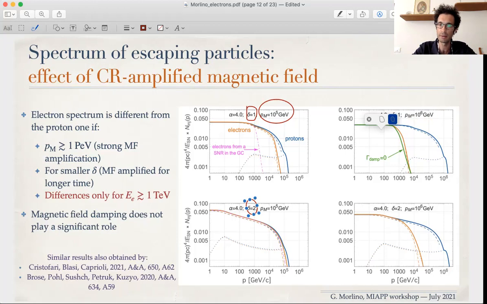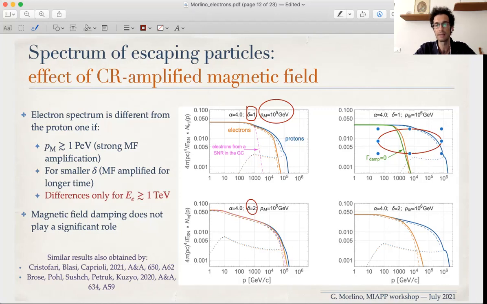You see that we can conclude that the electron spectrum is different from the proton one only if the maximum energy Pmax is of the order of 1 PeV. Look at this plot here. While if it is smaller, around 100 TeV, the two spectra are only slightly different. The other important parameter is delta.